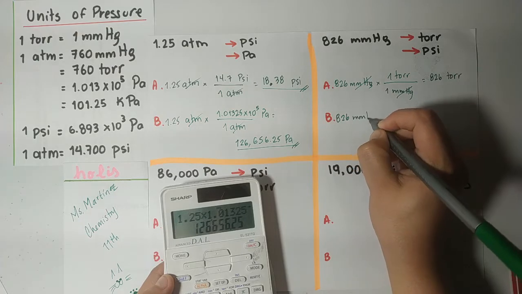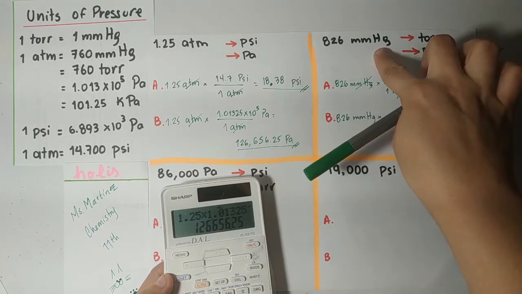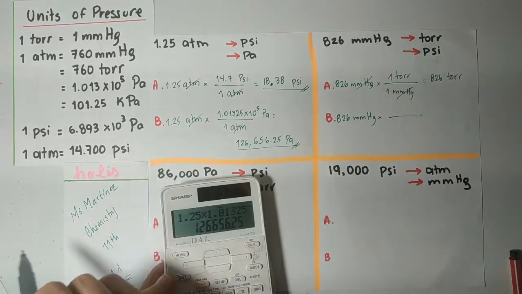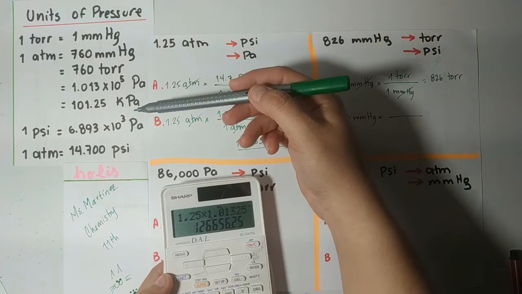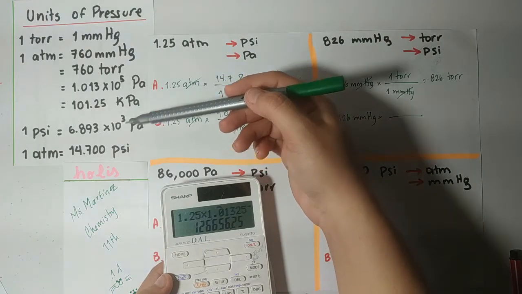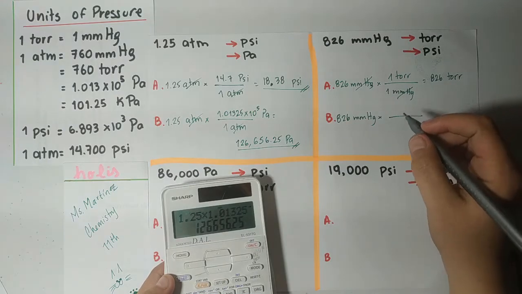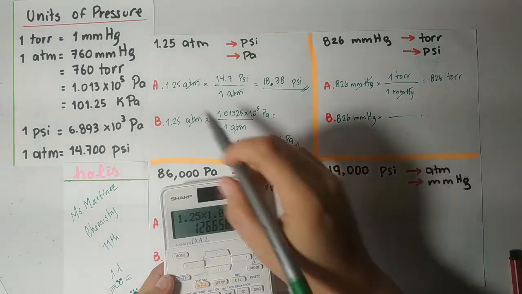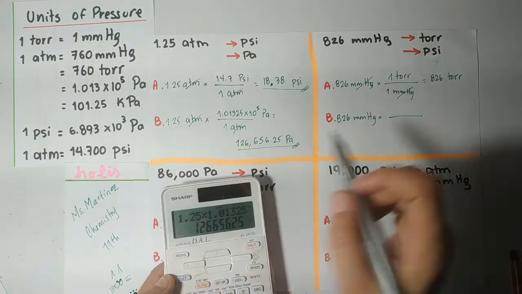Now, the second part. Okay, from millimeters of mercury to PSI. So we have millimeters of mercury here, and we have PSI here, so we need to do a two-step conversion. It's better if we convert to ATM and then from ATM to PSI.